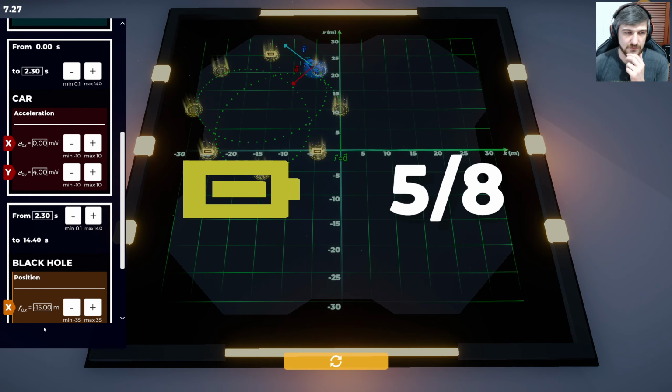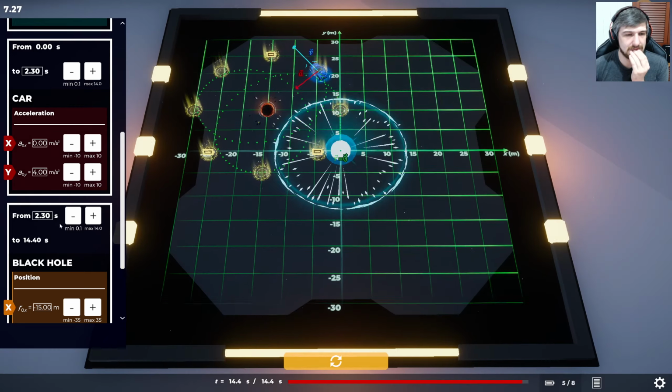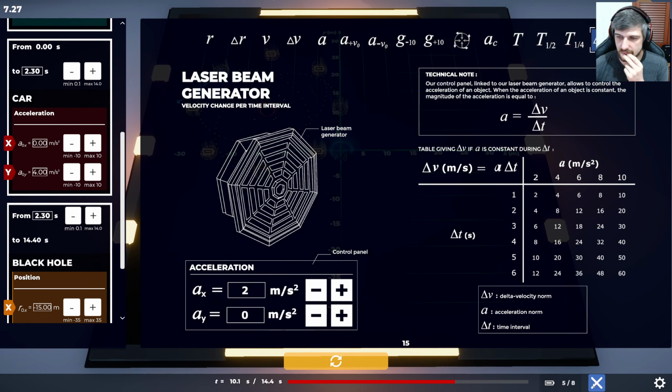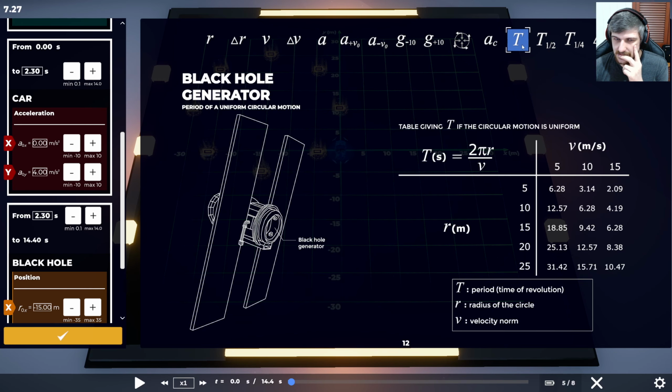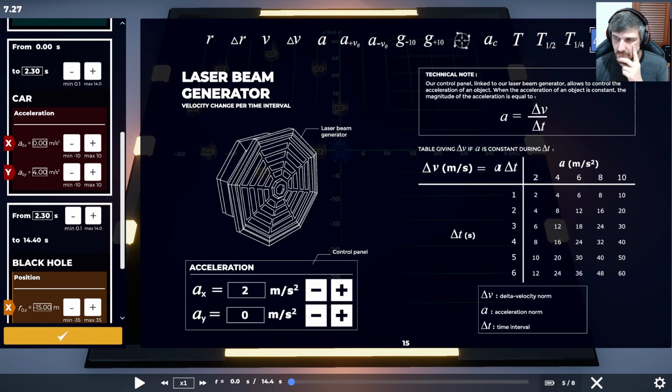I mean, we could just keep going around that, but this is the delta velocity norm. I want to be going at a speed of 10 by the time we reach 10. One second, 10.